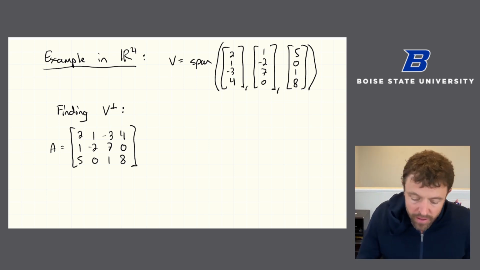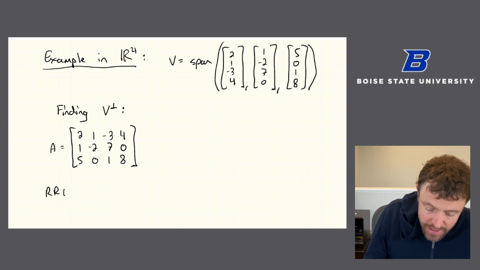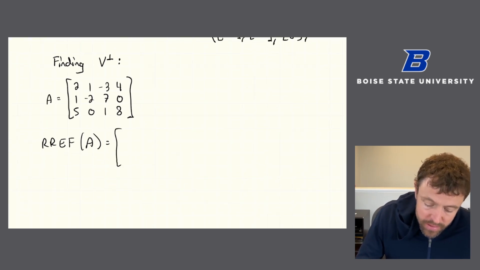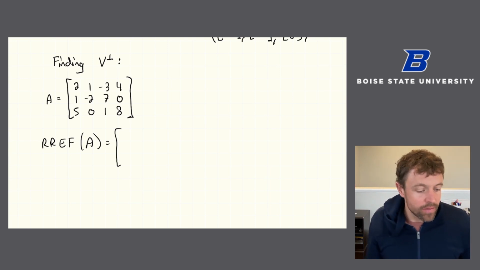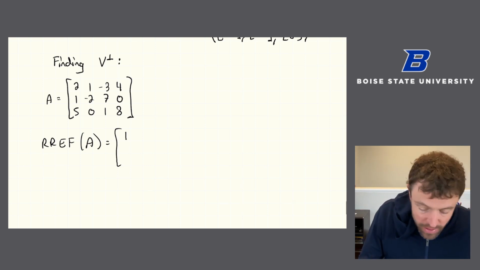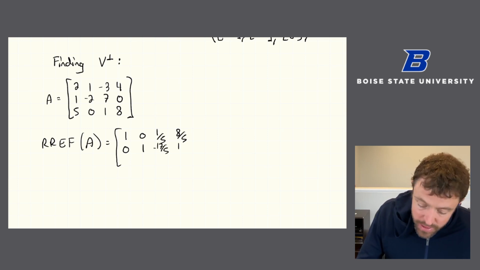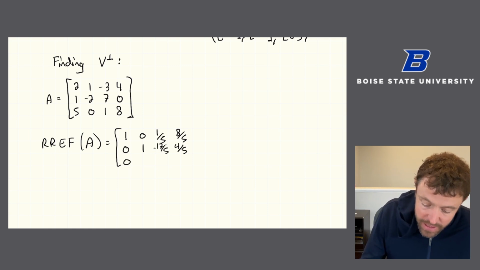And so one way to think of this is I just need to look at the reduced row echelon form of A, and that'll tell me what the solutions to that system are. The zeros in the right never change with row operations. And so the reduced row echelon form that I get, and you can do this using software, by hand, whatever you like. I recommend any chance to practice and confirm that you can get the same answers is always a good opportunity, especially if you're having any issues with this.